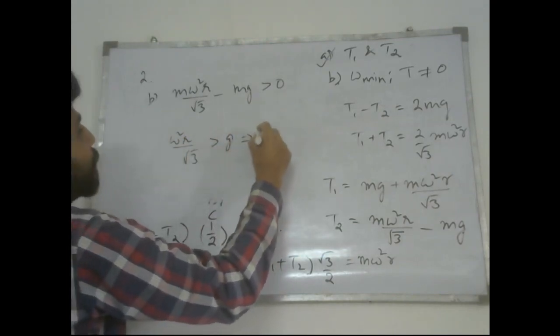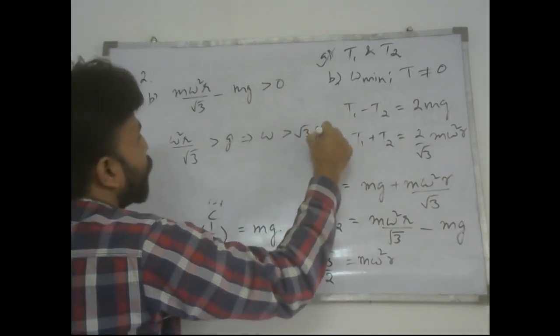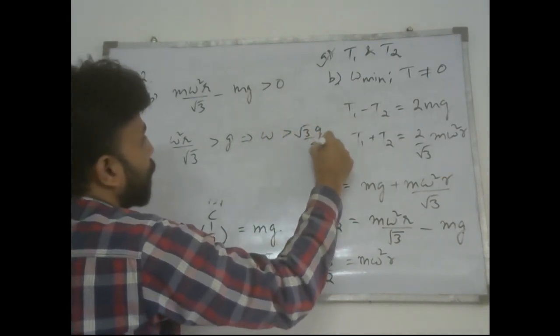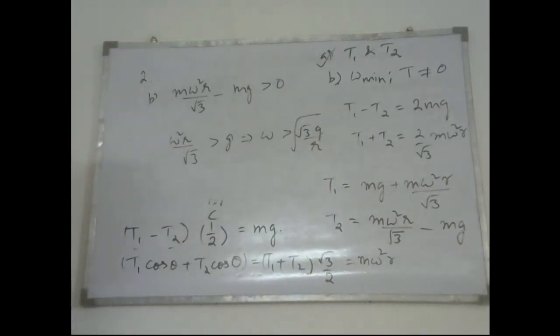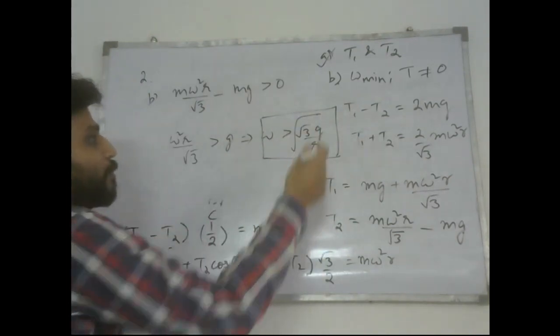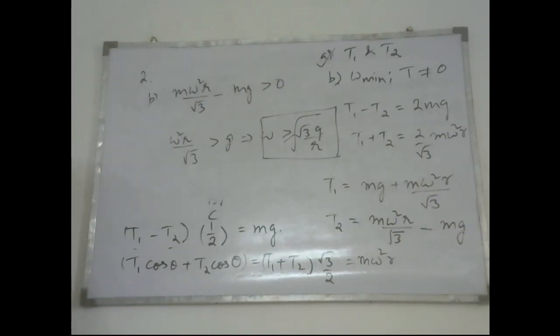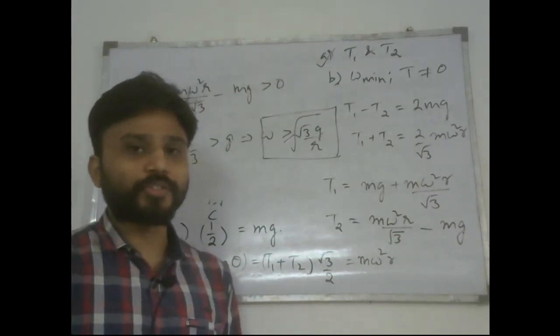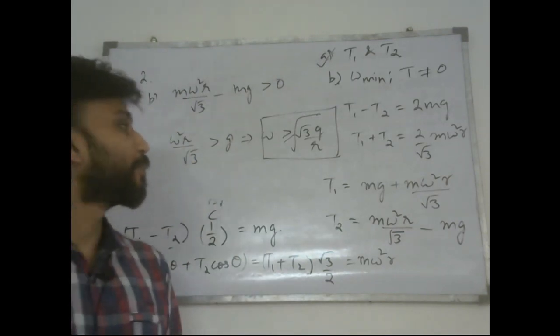So omega should be greater than square root of root 3 g by r. For values of omega more than or equal to square root of root 3 g by r, the string would not slack, especially string number 2.